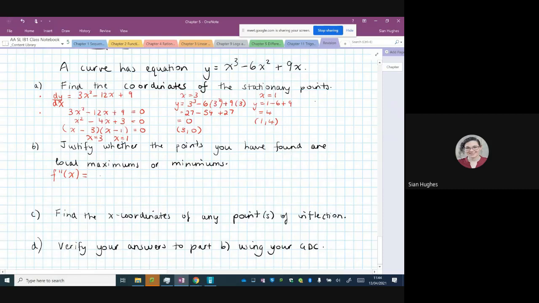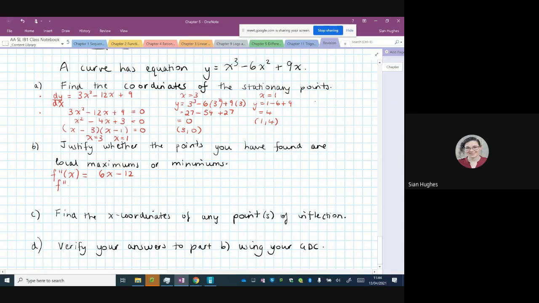So that would be 6x minus 12. I've taken my first derivative and differentiated it again. Make sure that you don't take the one where you've divided it by something or done some manipulation on it to solve an equation, because it will lead to the wrong answers. You need to make sure you use the original first derivative.